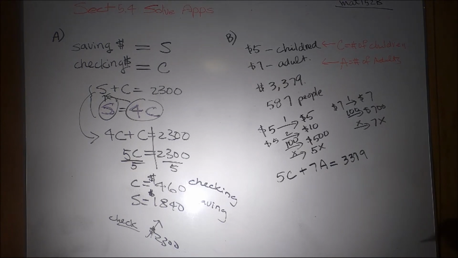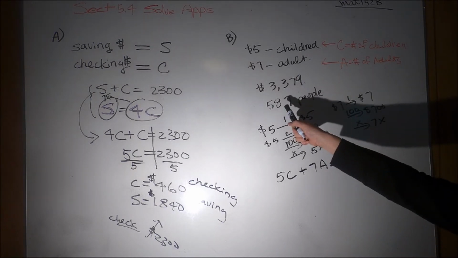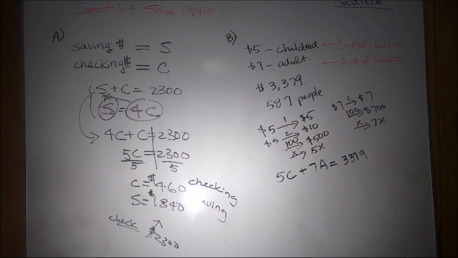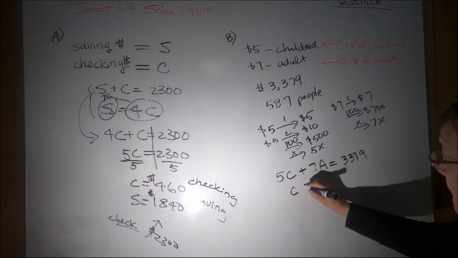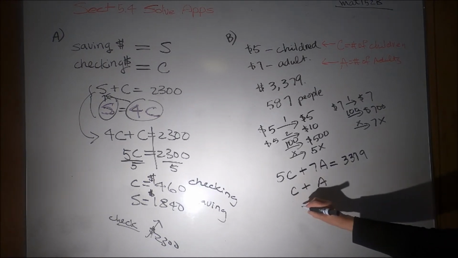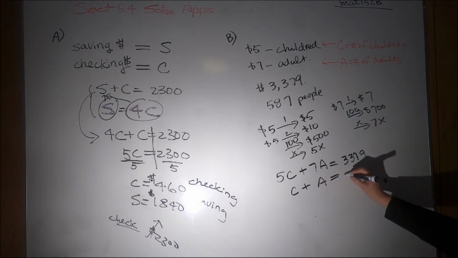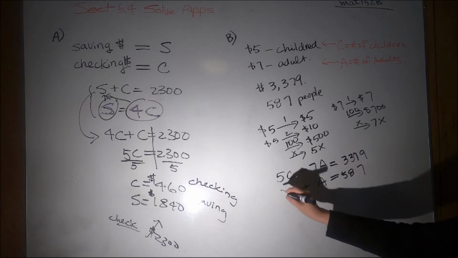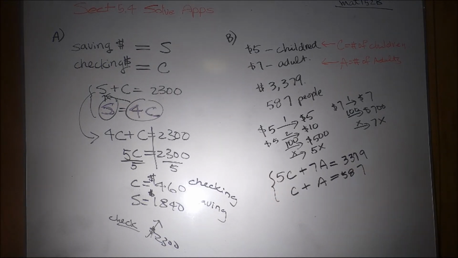Another one is the total you have, 587 tickets you sold. So that means what? The total with C and A, children and adults, total is what? 587. Then you're clear, right?